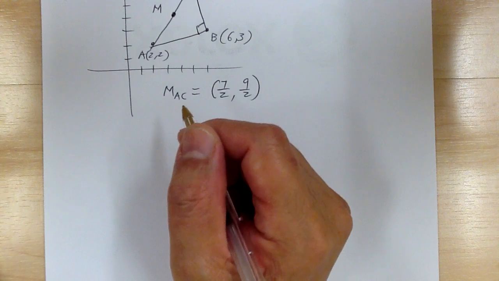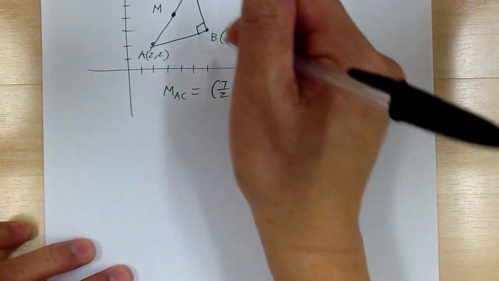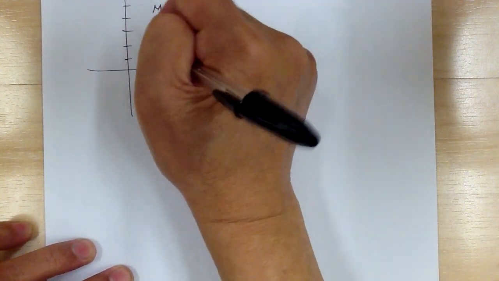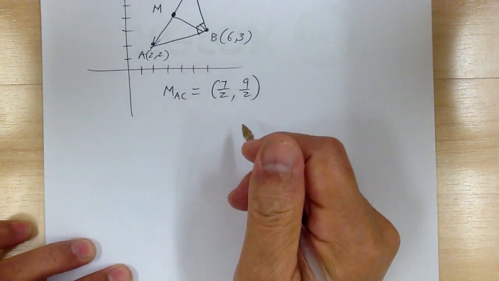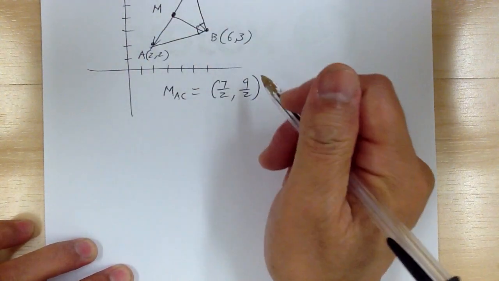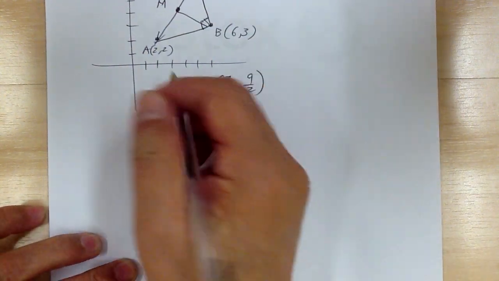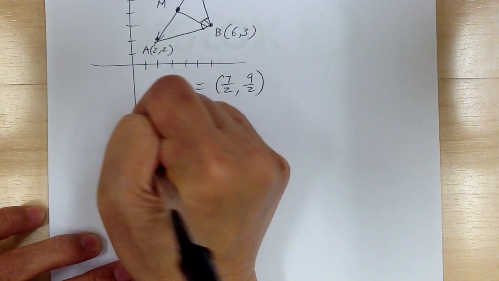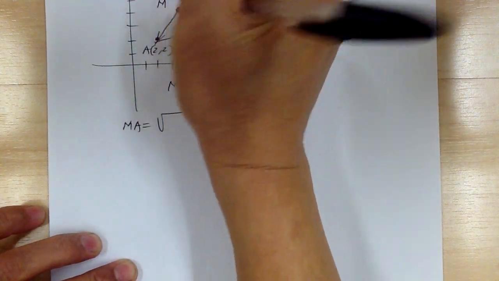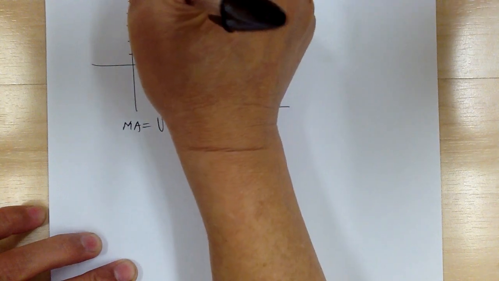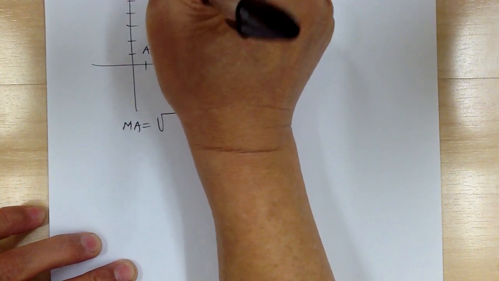And then after that, you want to show that they're an equal distance to the 3 vertices. So you're looking for the distance of all 3. MA is equal to the square root of, okay, the midpoint is 7 over 2, 9 over 2.